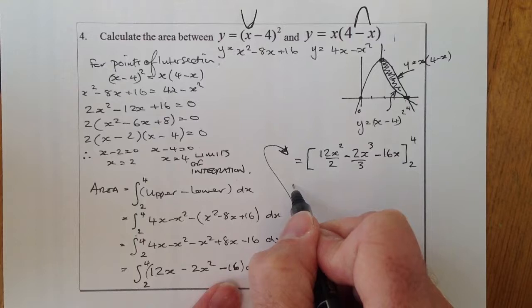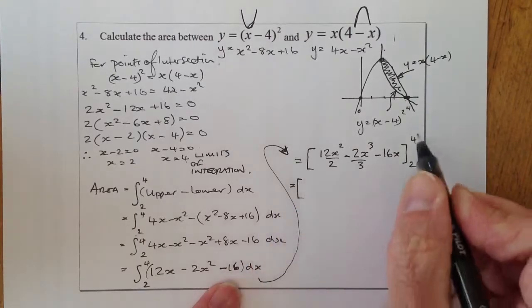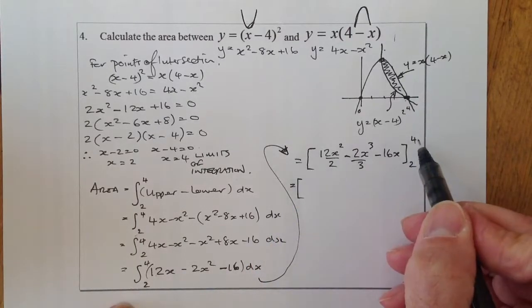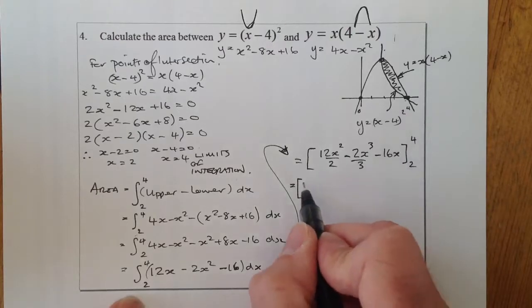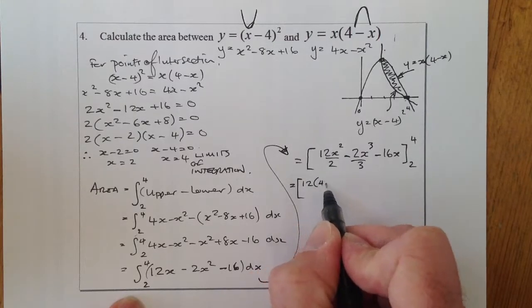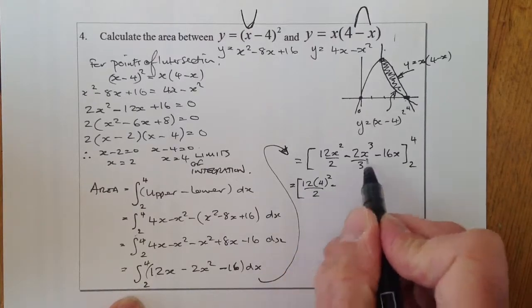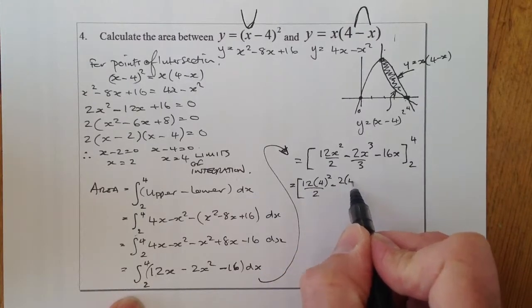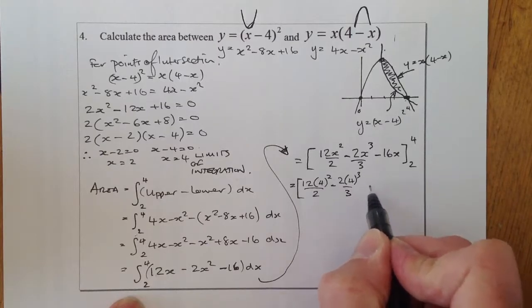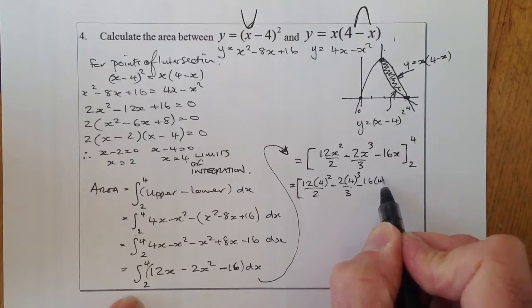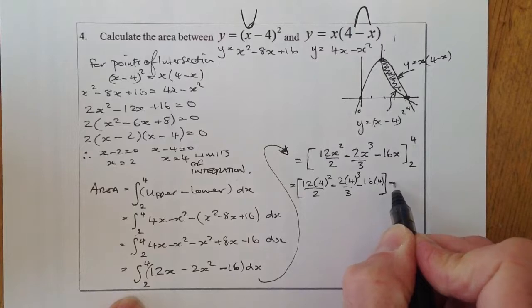What I'll then do is substitute these values in. The first one that goes in is the 4. So I've got 12 times 4 to the power of 2, all over 2, minus 2 times 4 cubed, all over 3, minus 16 times 4. And what I'm going to do is subtract from that.